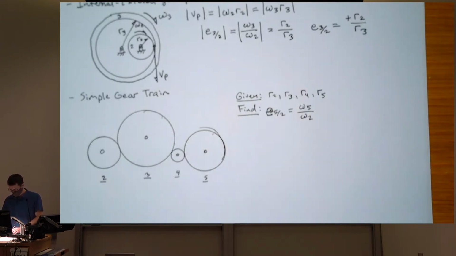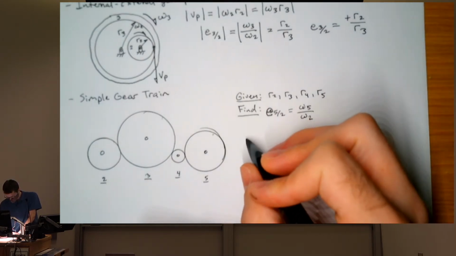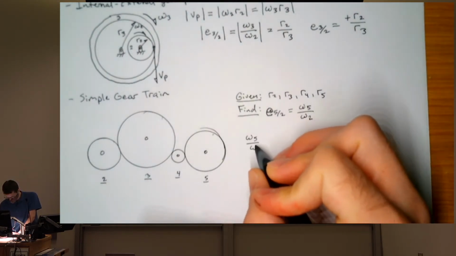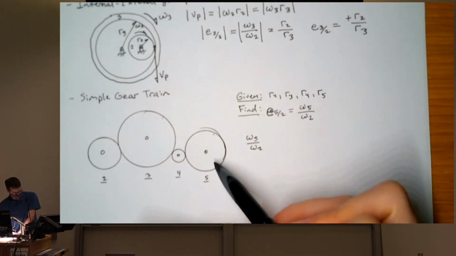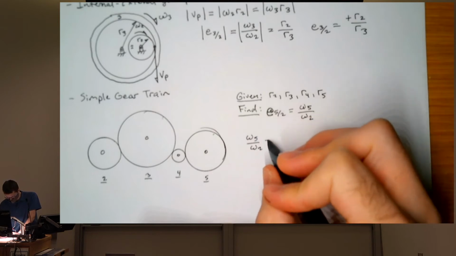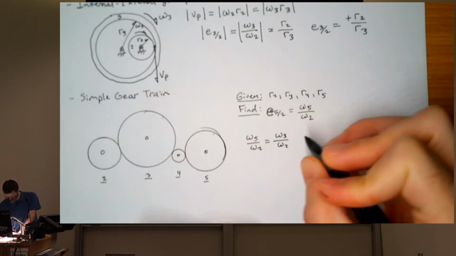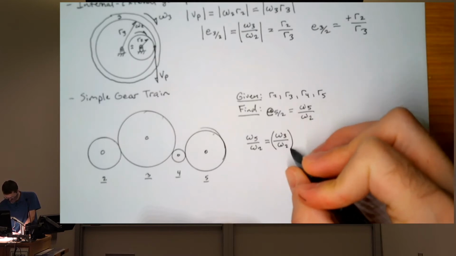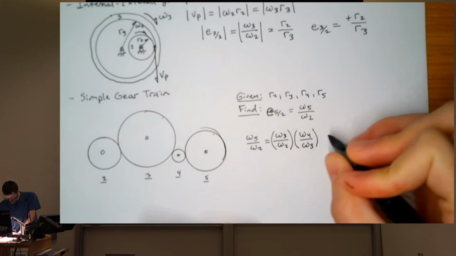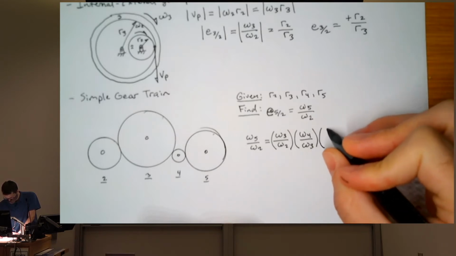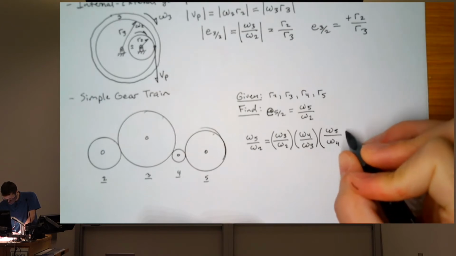So we could work through our problem. We know that omega 5 over omega 2, we're going to have to think, how does the speed get from 2 over to 5? Well, we're going to have some ratio omega 3 over omega 2 multiplied by some ratio omega 4 over omega 3 multiplied by omega 5 over omega 4, like that.